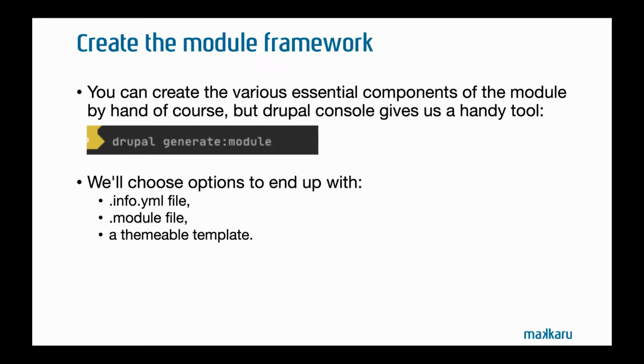Of course, I suspect many of you will also use the technique, I need a module, right, I'll just copy the info file, module file, and themable template approach from that other module I built. So that's obviously absolutely fine.